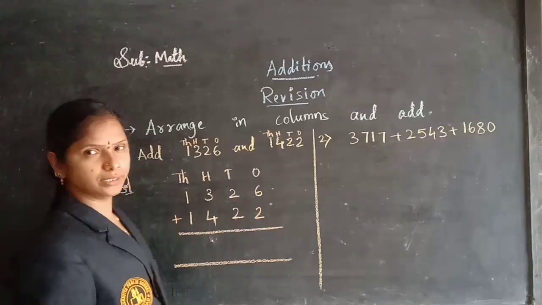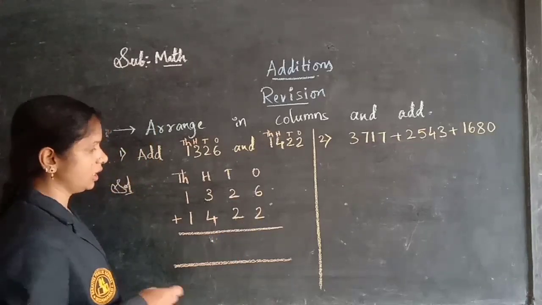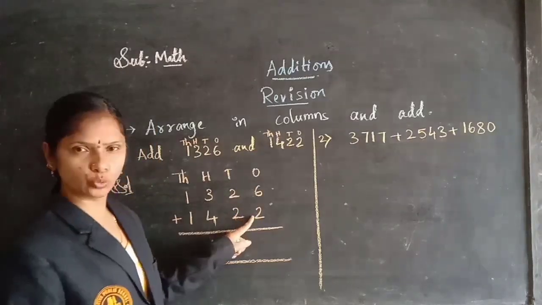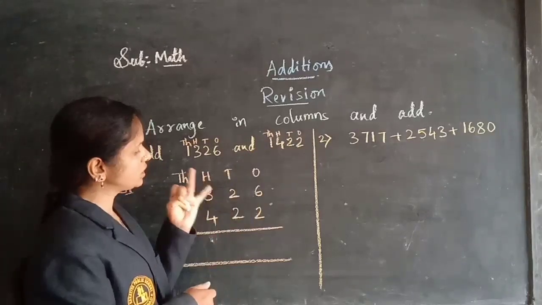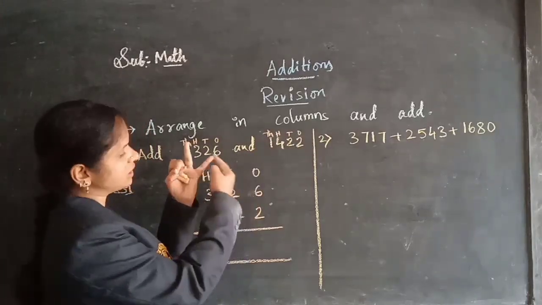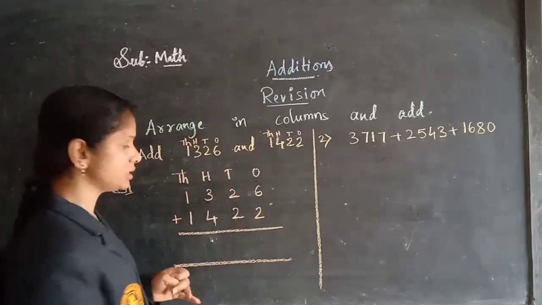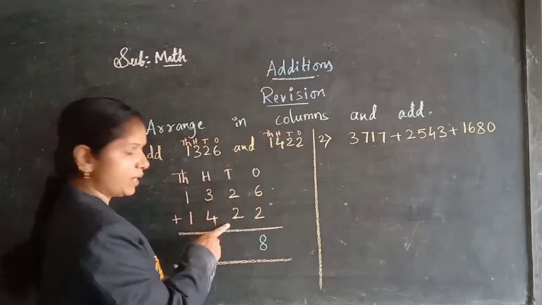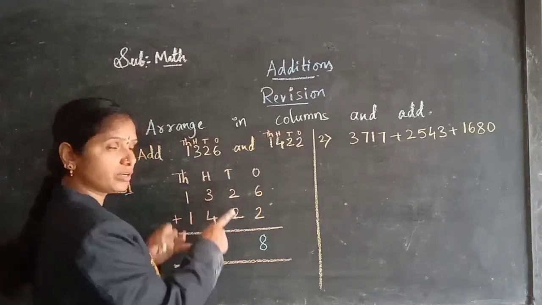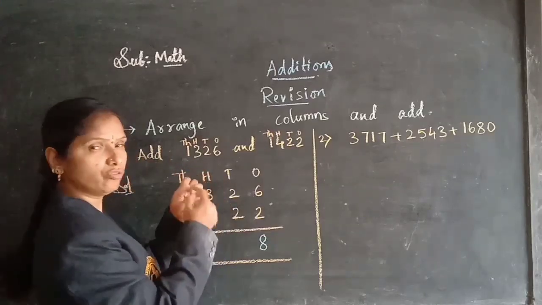Now here I am adding. Now 6 plus 2, children. 6 after I need to add 2. 6 after 7, 8. So when I am adding 6 and 2, 8 I am getting. Now 2 plus 2. 2 after again I need to add 2. 2 after 3, 4.